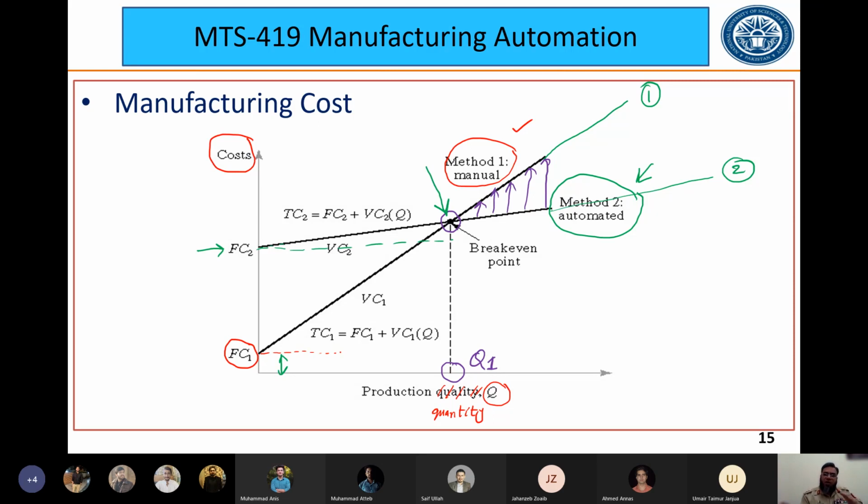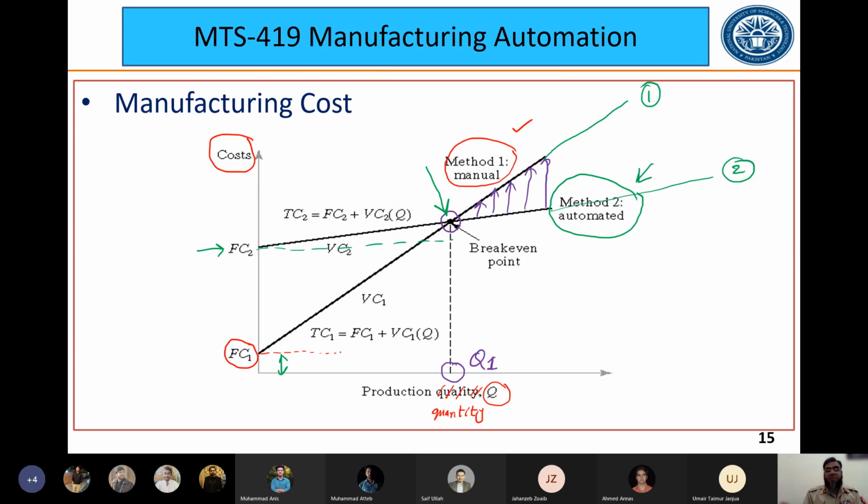So now you see that your cost in the manual method after the break even point is increasing. Its slope is very sharp. So your cost is increasing after a break even point. But if I look at the automated method, you have a higher initial cost, but for larger quantities your cost of manufacturing is less as compared to the manual method.